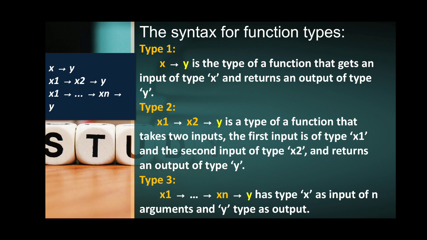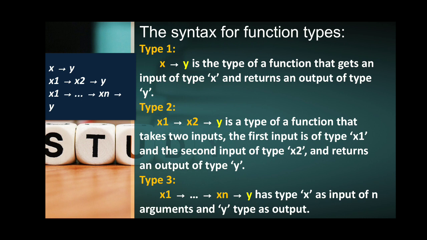There are 3 different types of functions. Look at the example. In the first function, the function will take only one input and produce one output. X is the input variable type.